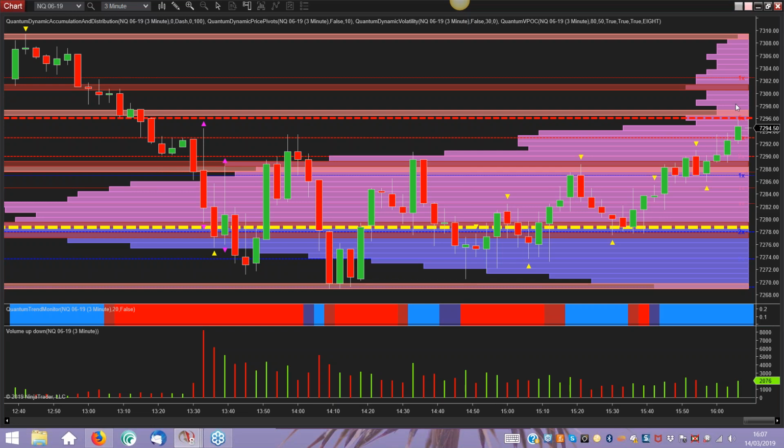And once you get clear of that region into this much lighter area of volume, then you know for a fact there's fewer participants up there who are stranded from earlier, all sorts of various orders. You know the market's going to move through there potentially a lot smoother, a lot more quickly.